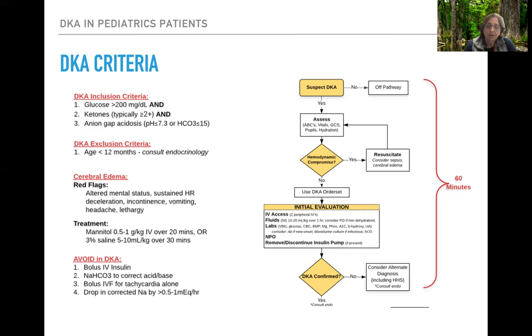So we definitely will do a 10 to 20 milliliter per kilo bolus, but we don't want to treat tachycardia because tachycardia may be for other reasons. And we also don't want to drop the corrected sodium by greater than 0.5 to 1 milliequivalents per hour. All right.